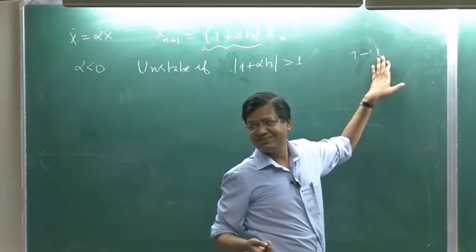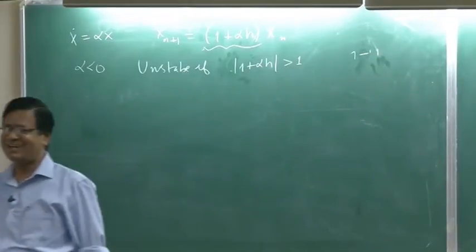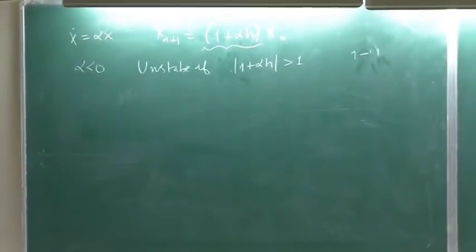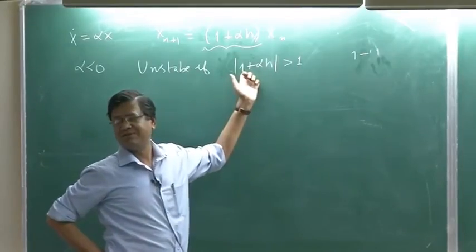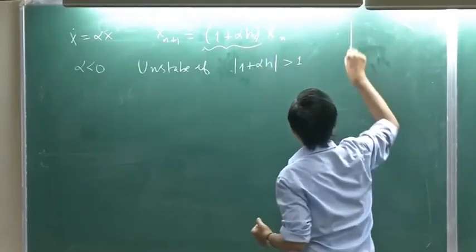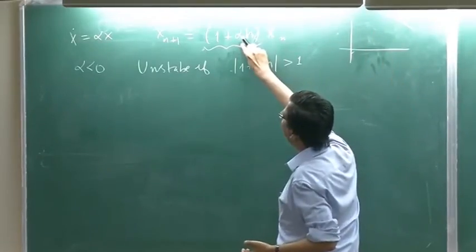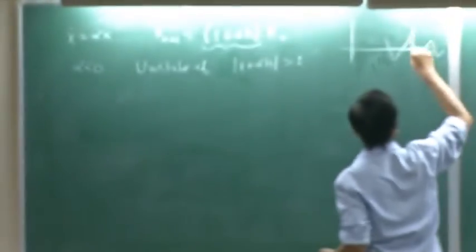You may laugh at it right now, but you will find situations where you will make this mistake. I will show you an example where whatever h you choose is unstable. This is a trivial example, of course. Nobody will choose h as 3 here, but if you use h equal to 3, then it is unstable. If you choose alpha as minus 1 and h as 3, it is going to oscillate like this. In fact it is going to grow.